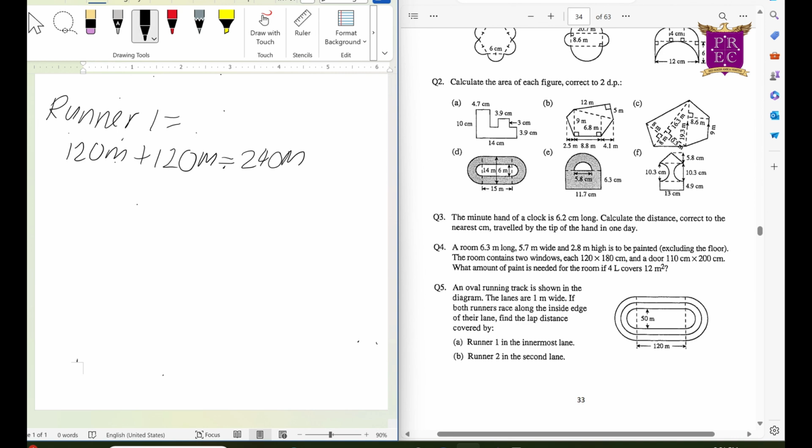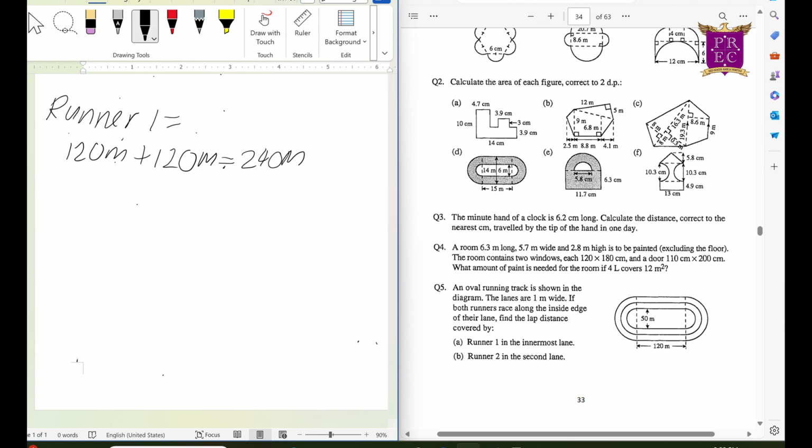The distance from here to here is 50 meters, which is the diameter of the circle. If the diameter is 50 meters, the radius will be 25 meters, and then we can find the circumference of the half circle. Instead of looking for the half circle, we can look for the whole circle, because this same length is over here.